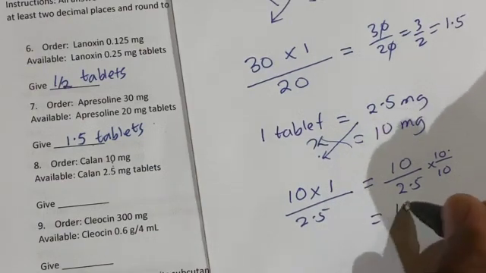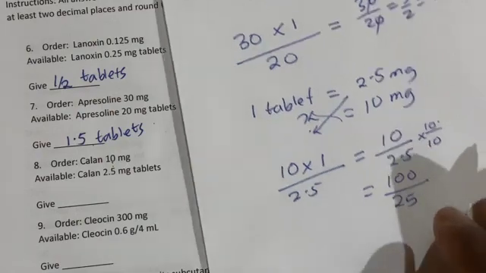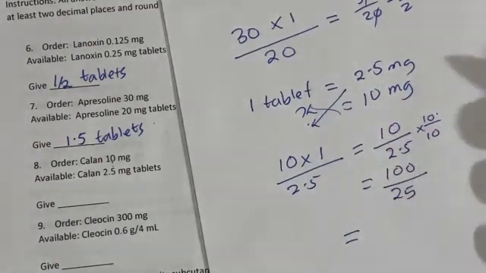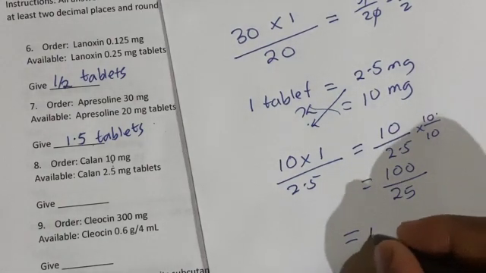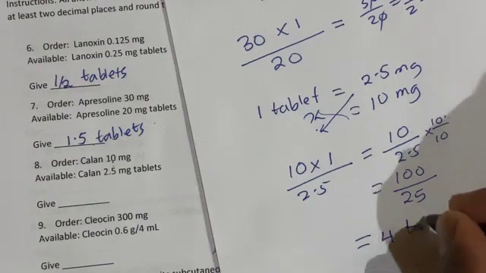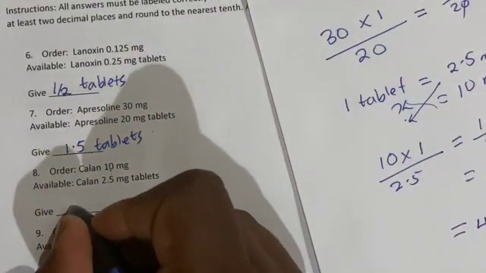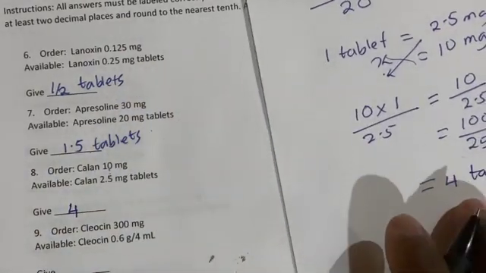So this one will be 100, and then you divide by 25. So 100 divided by 25 is 4. So we're supposed to give 4 tablets. Sounds like a lot of tablets. All right. So this one is 4 tablets.